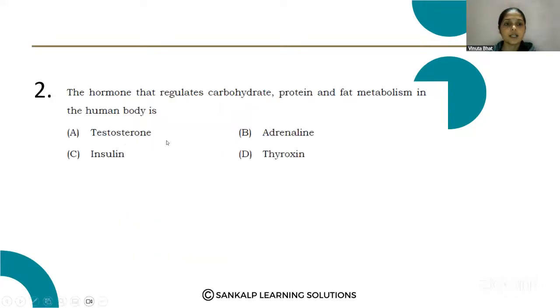Next question. The hormone that regulates carbohydrate, protein, and fat metabolism in the human body is: testosterone, adrenaline, insulin, or thyroxine. Testosterone is produced by the testes and is involved in the production of sperms and the secondary sexual characters in males.